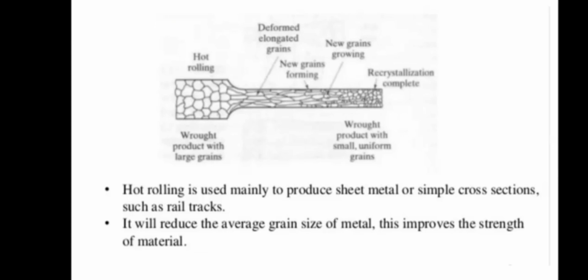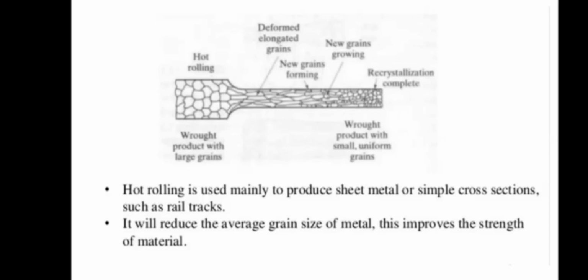Okay, so initially the grain size is large. Based on the thickness, the grains are reduced into a fine size, and thereby ductility remains in the material in hot rolling. The result of hot rolling is to enhance the mechanical property while keeping the ductile property intact in the material.